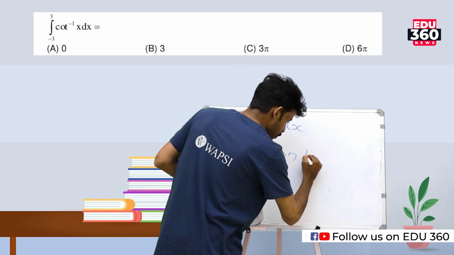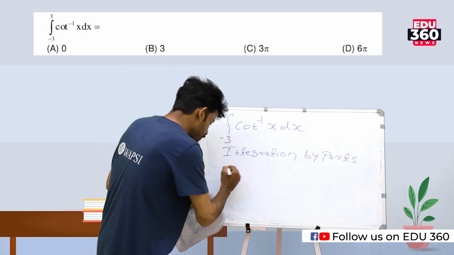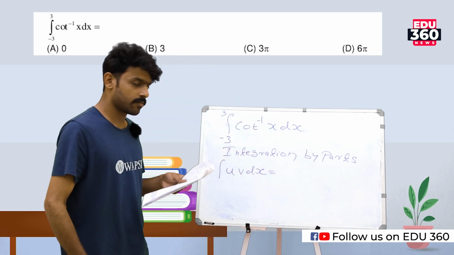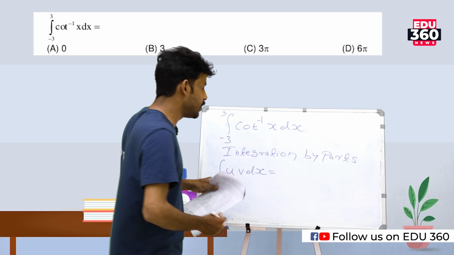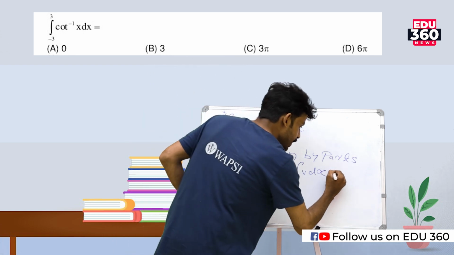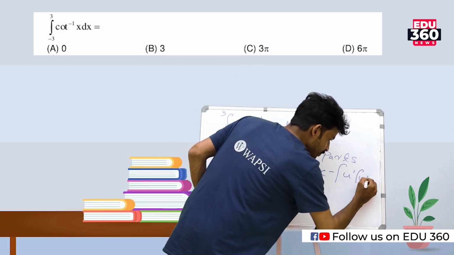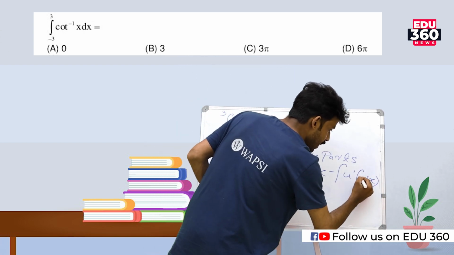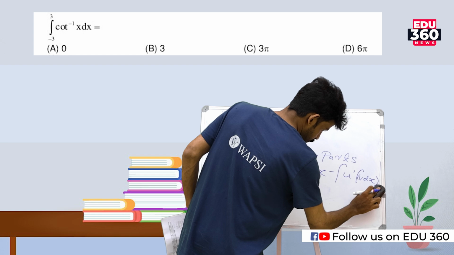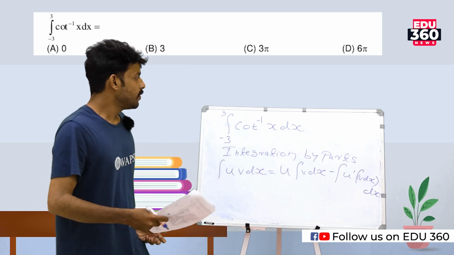We know that the integral of u v dx is equal to u times the integral of v dx, minus the integral of the derivative of u, that is u dash, times the integral of v dx, into dx.